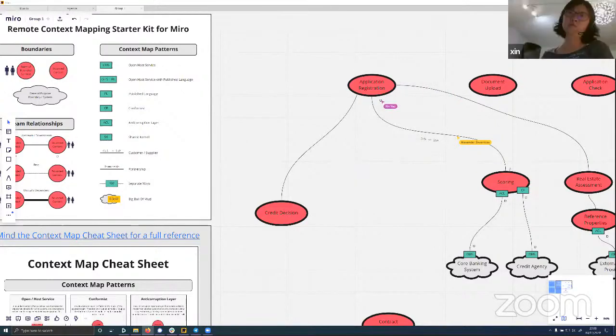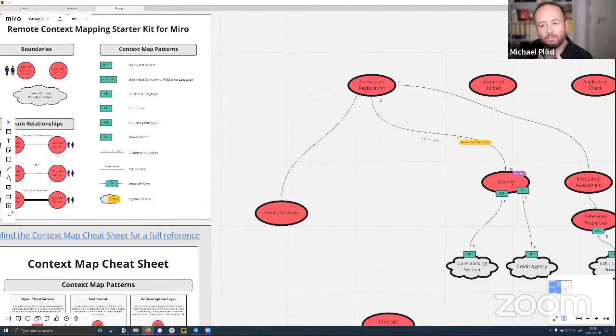Yes, but Michael, for instance, you can say, scoring may ask application registration once per year to change the form, to add information or to remove stuff.